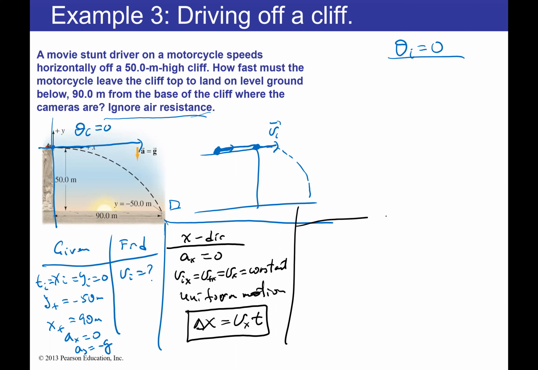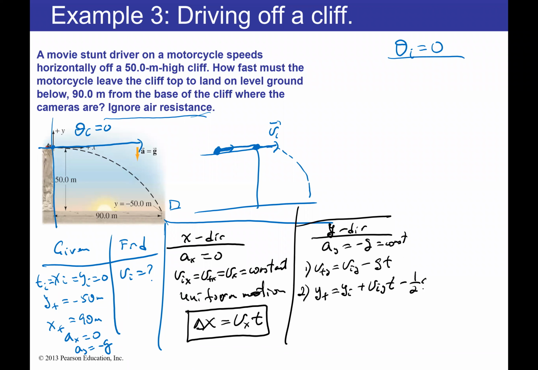Well, in the Y direction I have an acceleration of negative G, but it's also constant. That means I can use those kinematic equations, so in the Y direction I actually have all 4 equations that I can use. V final in the Y direction equals V initial in the Y direction minus GT, where I'm replacing acceleration with negative G. Equation 2: Y final equals Y initial plus V initial in the Y direction times time minus 1/2 GT squared.